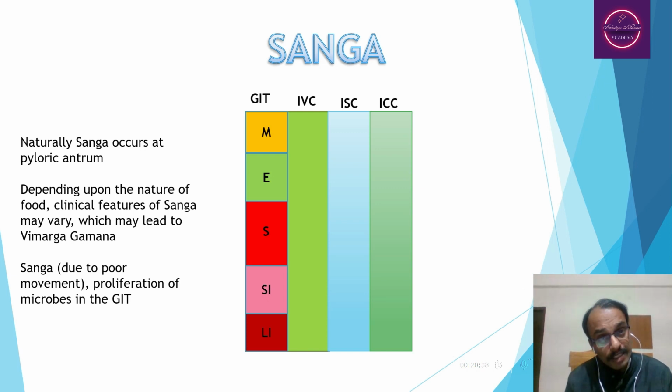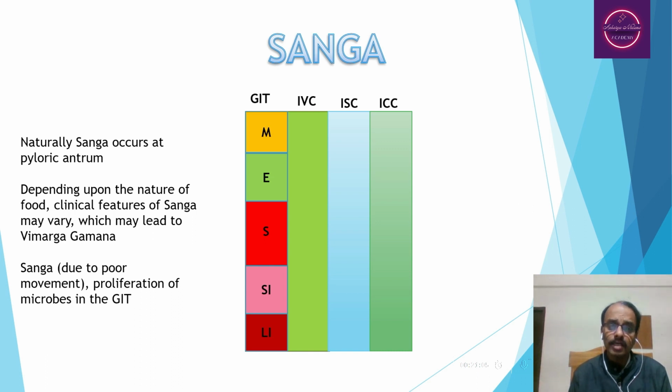Whereas in the large intestine the food may remain for a period of either 24 to 48 hours. That is why even in the large intestine there is a possibility of infection or inflammation to happen. That means, in other words, infection or inflammation may be possible in the stomach, small intestine as well as large intestine.